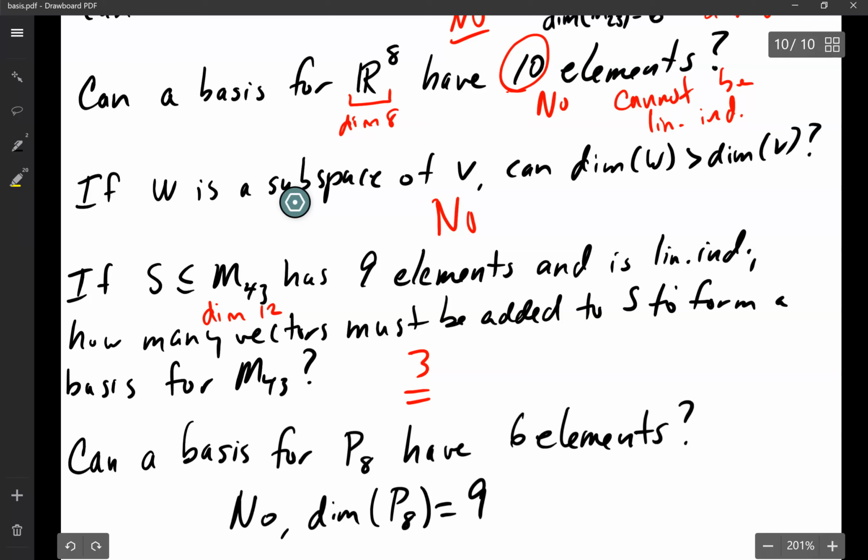Remember, it's one more than the n here. So a set with 6 elements isn't big enough. It cannot span.